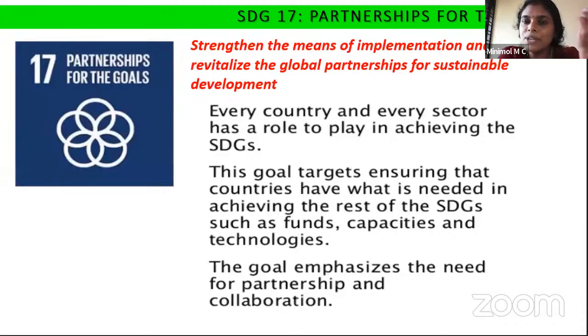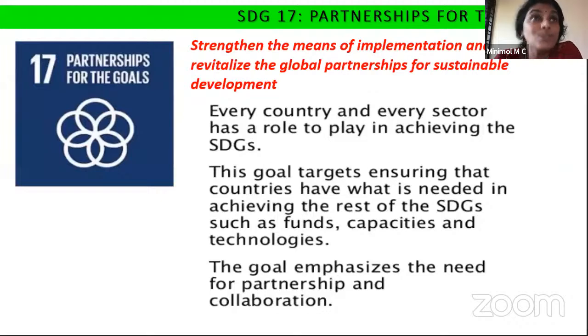The goal aims to ensure partnerships among institutions, among individuals, public-private partnerships, and partnerships among countries, at national or international level, or even with local authorities, in order to ensure that we are moving towards these goals. Every country and every sector has a role to play in achieving these goals. So this goal emphasizes the need for partnerships and collaboration.